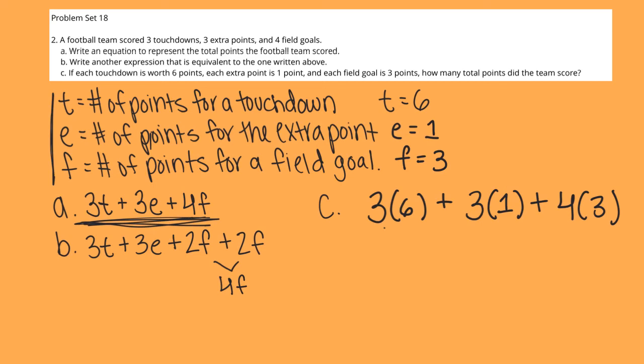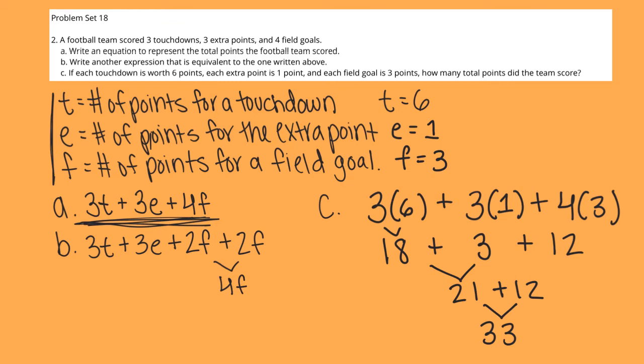So I have 3 times 6, that's going to give me 18, plus 3 times 1 is 3, plus 4 times 3 is 12. Then I can add these all together. So I have 18 plus 3, which is going to give me 21. And then I have 21 plus 12, and that is going to give me 33. So now we know that this team's overall score is 33 points.